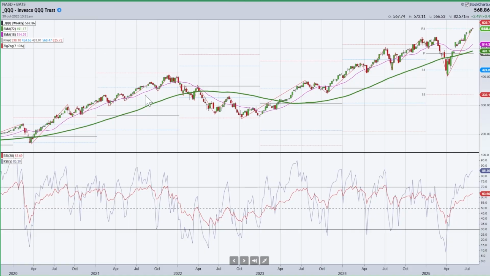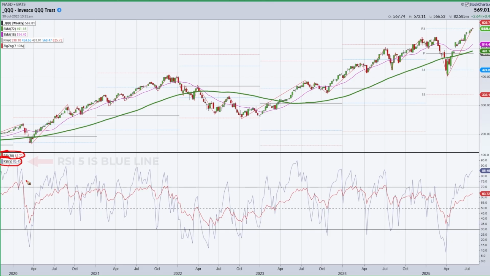Okay, let's look at the QQQ weekly chart. All right, and I'm going to show you what I've got, how I have this set up. So I've got the RSI 20 set up in red. That's the red line. Now they're on the same scale. We've still got a 30, 70, and a dotted 50 line going across for overbought, oversold, and then this kind of a neutral level, all right, for the 20 and the RSI 5, which is in a little light blue there, maybe gray.